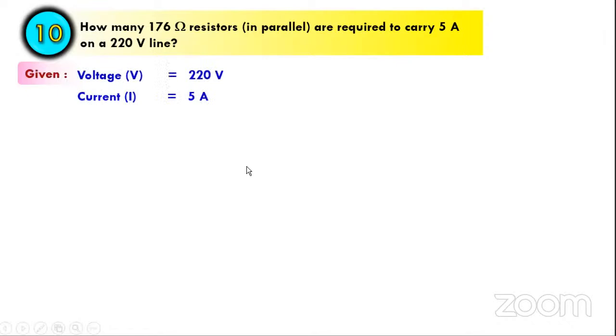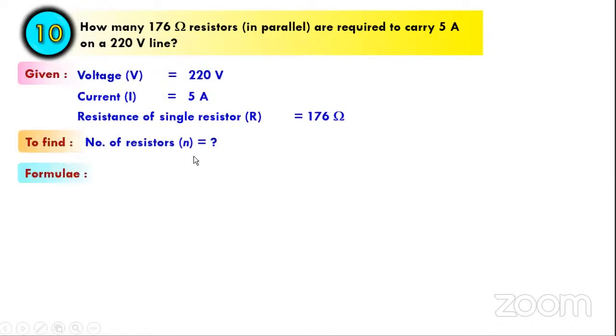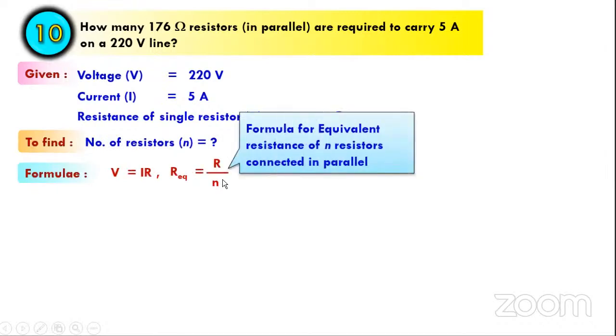Now look here. Step by step, how to write in the exam. Number of resistors is N. V is equal to IR. These are the formulas. To find the number of resistors, R equivalent is equal to R by N. So N is equal to R by R equivalent. Is it right? Yes, sir.